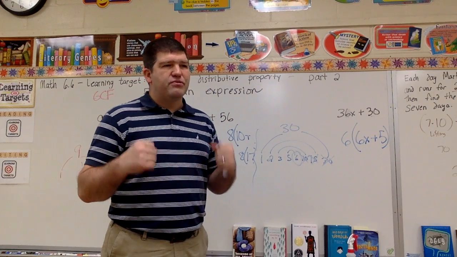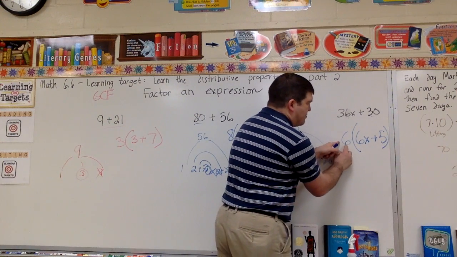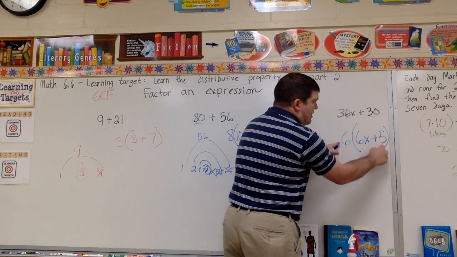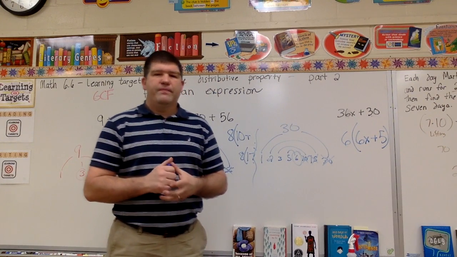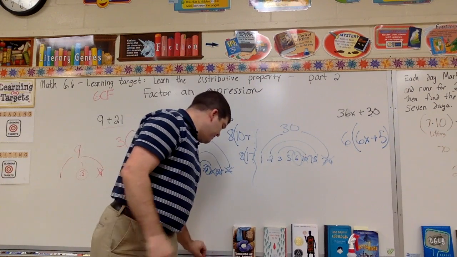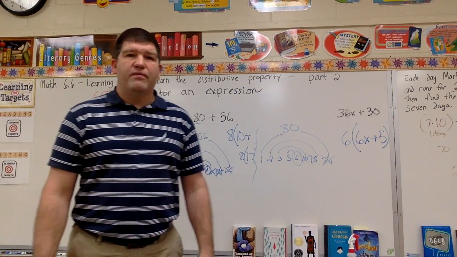And really, the distributive property is so important to know. You're going to distribute this to here and then to here. All right. Go ahead and watch the guided practice, then independent practice, and so on. Let me know if you have any questions.